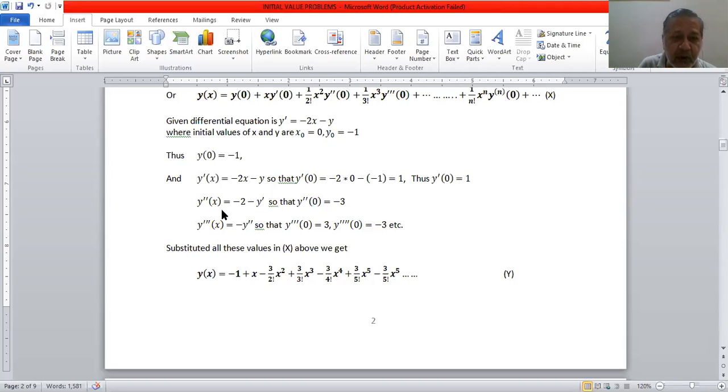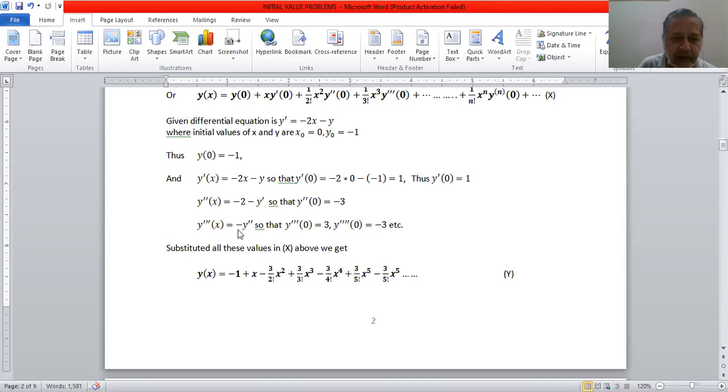Next step is to find out the third derivative. So first we take the derivative of the second derivative as a function, minus 2 minus y prime, and the third derivative of y is made available. Its derivative is 0 minus the derivative of y prime, which is minus y double prime. Now in the third derivative there is neither x nor y but y double prime.